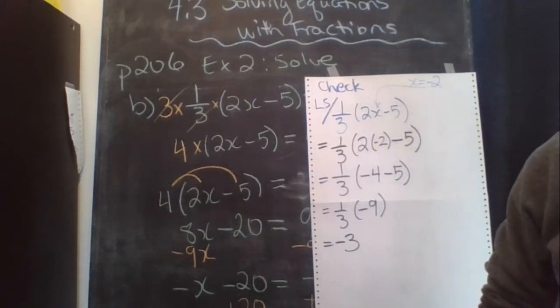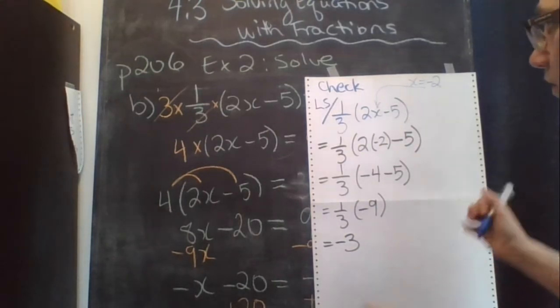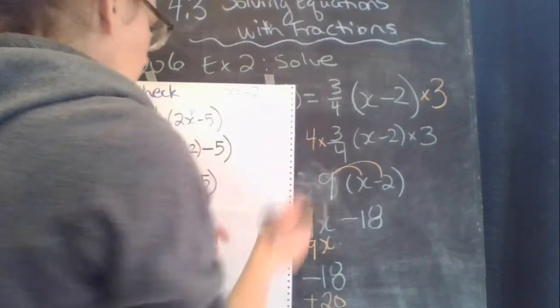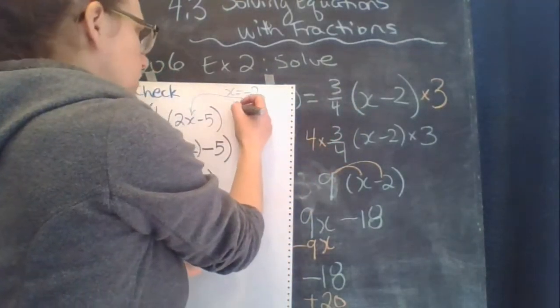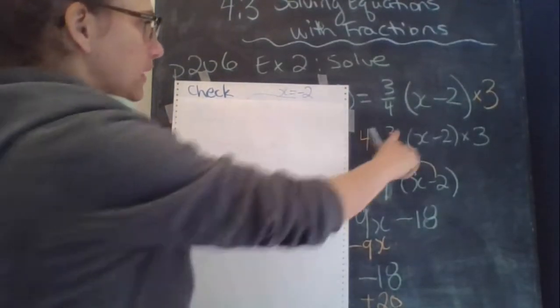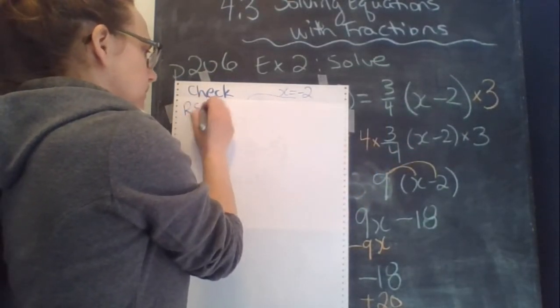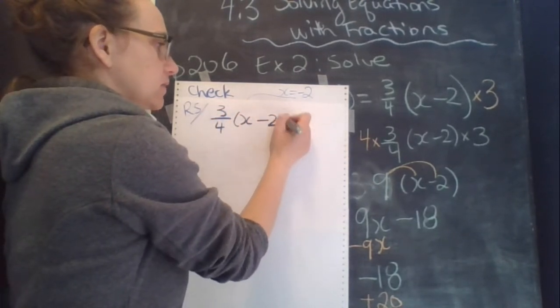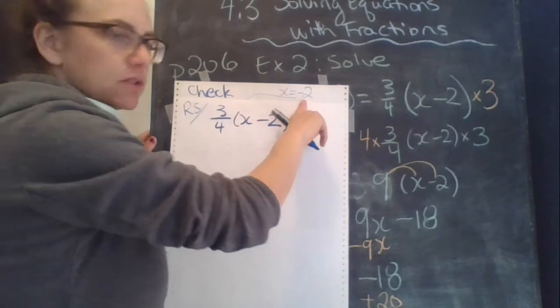Now we need to check our right side. So my right side, I'm not going to have enough space. Okay, my right side is 3/4 bracket x minus 2. And remember, x was -2.